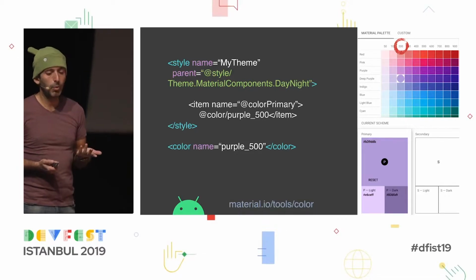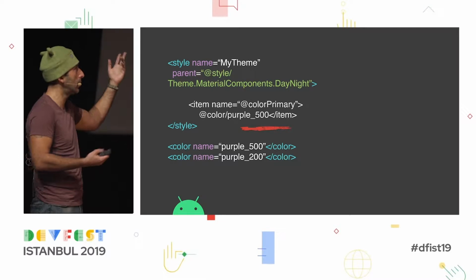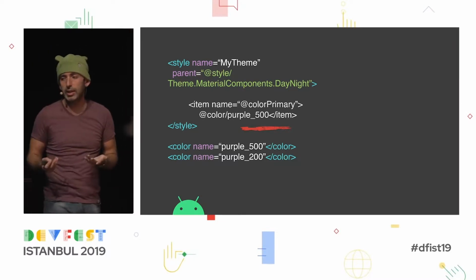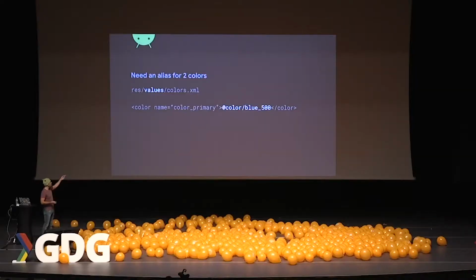But now, what are we going to set here? Because the primary color only gets one color. So basically, we need an alias for two colors to be able to use them. You can easily solve this by going to values colors and values night colors and add two different colors with the same color alias.